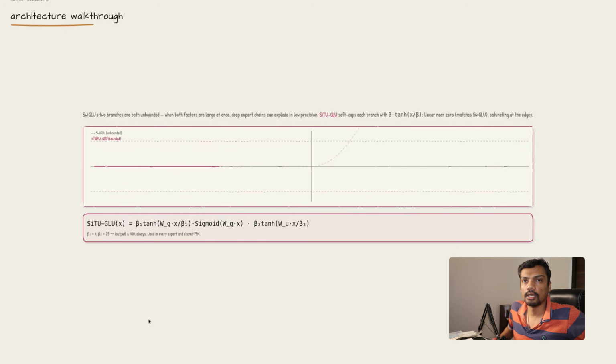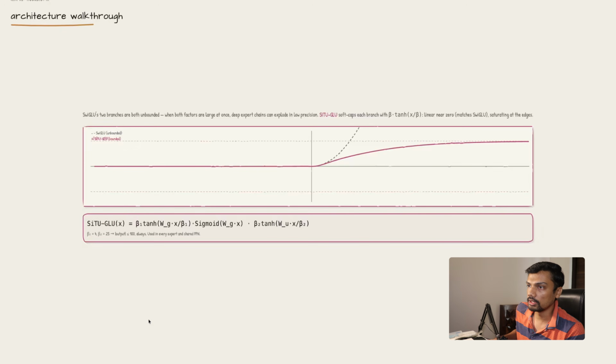So now let's consider the SiTU-GLU bounded activation stability. Consider this: when you stack hundreds of matrix multiplications across 896 experts, deep networks face a catastrophic risk of activation explosion. Look at the dashed gray line on the screen.